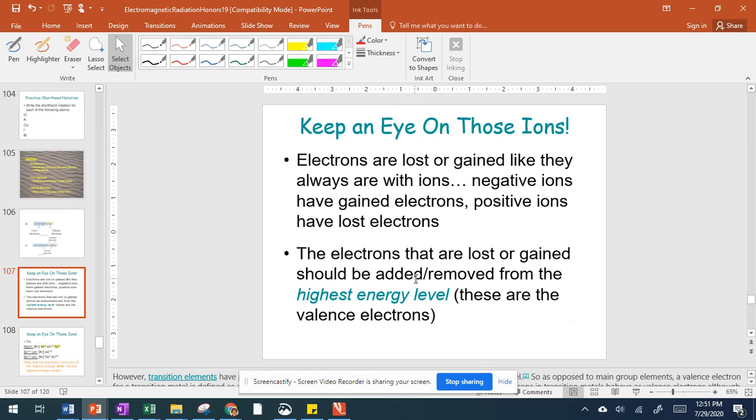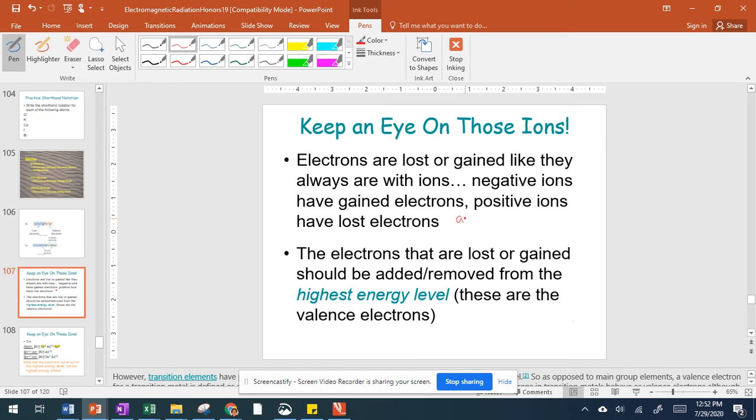So when we form ions, remember, electrons are lost or gained when we form ions. Negative ions have gained electrons. Positive ions have lost electrons. And remember these terms also. So I'm going to ink these here.